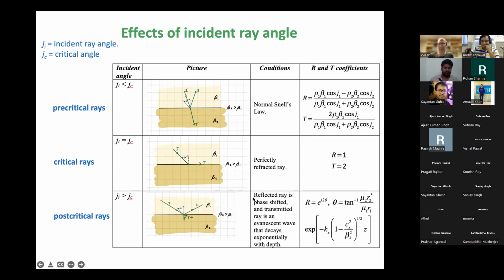What this means is the reflected ray is phase shifted by the amount theta equals tangent inverse of mu2 R2 star over mu1 R1, and the transmitted ray is an evanescent ray, which means it decays exponentially with depth.